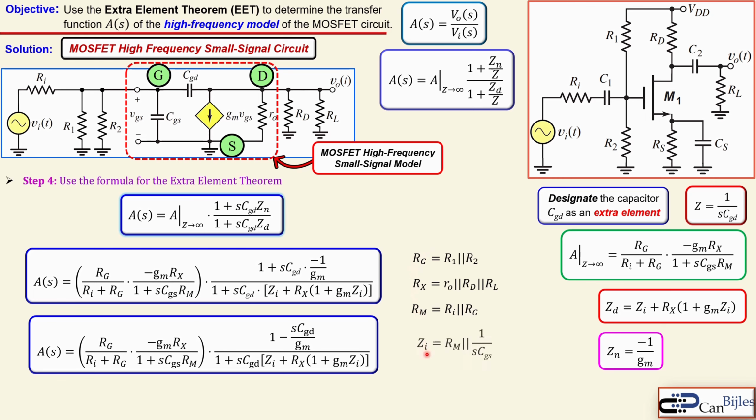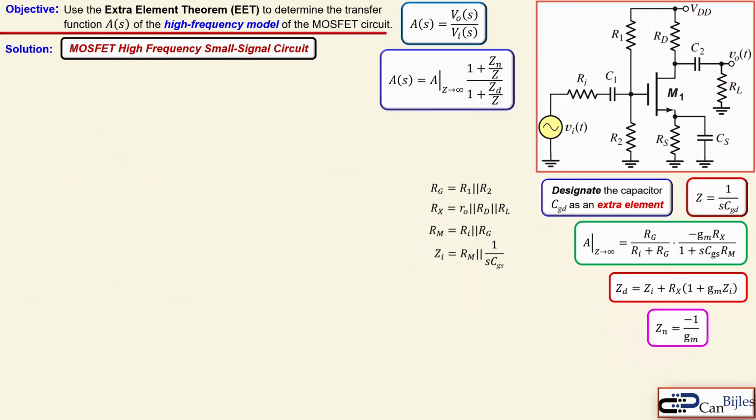But the ZI is the parallel combination of this Rm, which is the parallel combination of these 3 resistors, and the capacitor. Well, here I see a parameter dependent on S, so I cannot leave it like that in this transfer function. So I have to work it out, and that was, of course, an important part, so we have to look at that in more detail carefully.